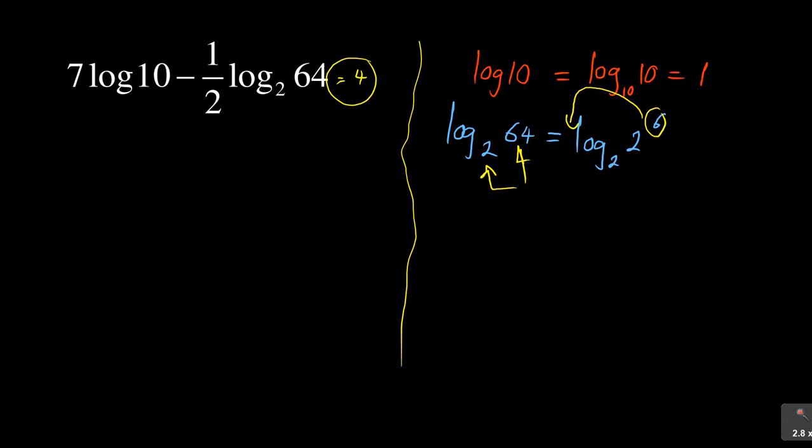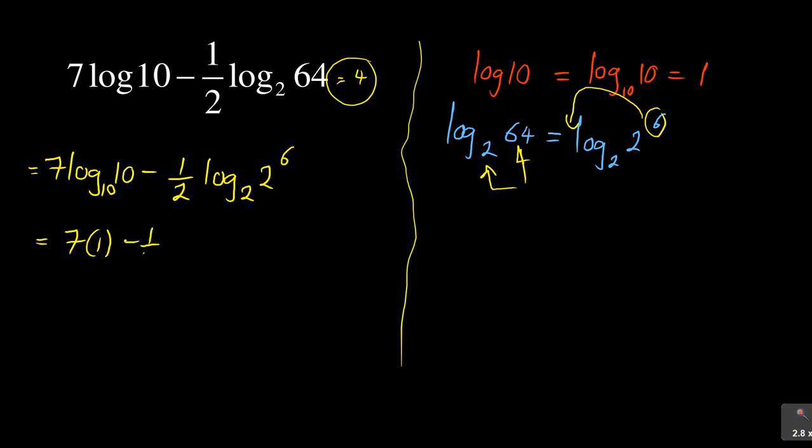In this case, I'll be having 7 log base 10 of 10, just to justify my 1, minus 1 over 2 log base 2 of 2 to the power of 6. And then this becomes 7 times 1 minus 1 over 2.